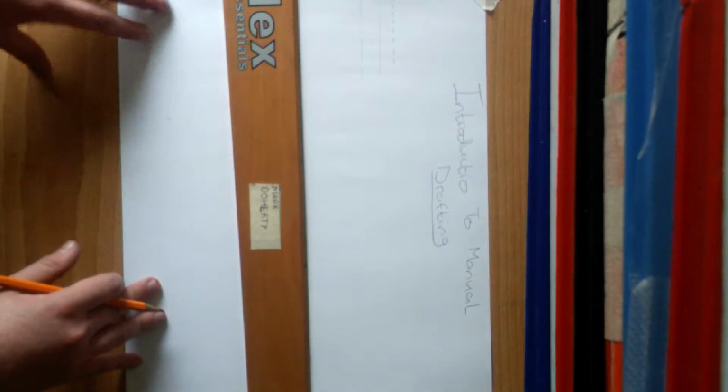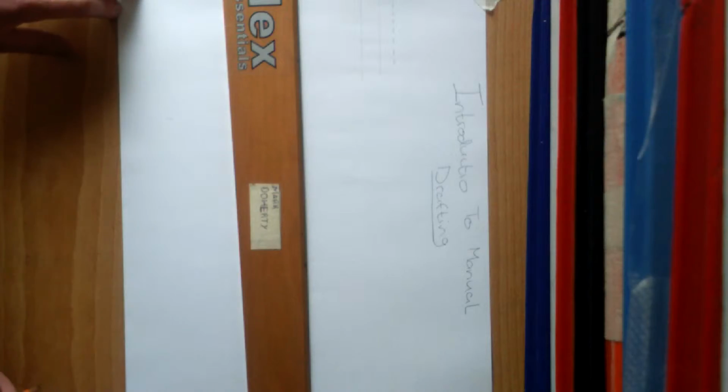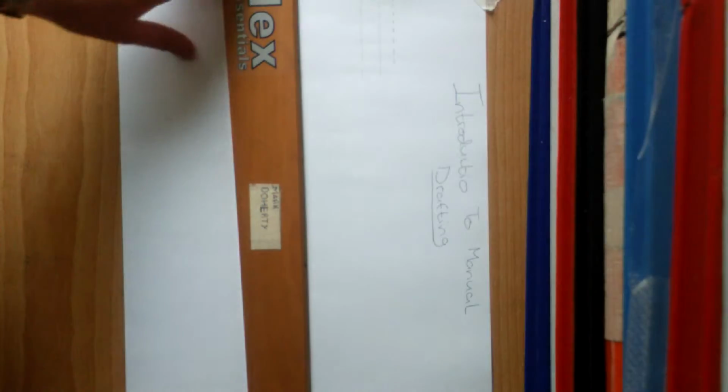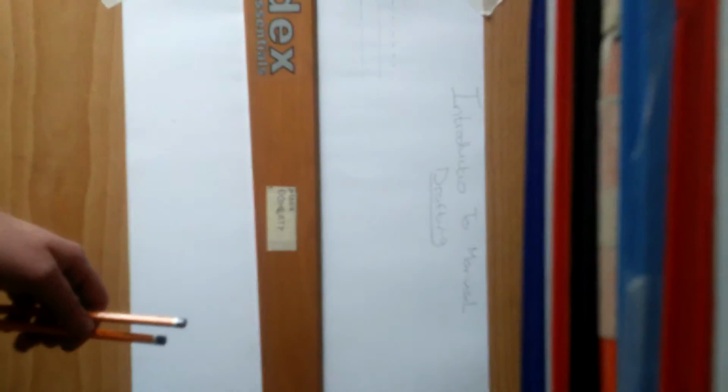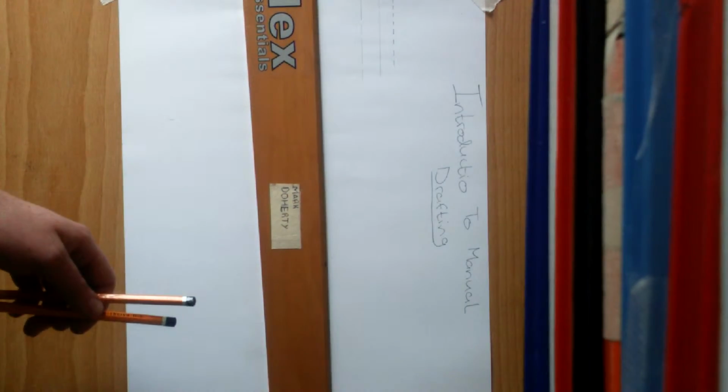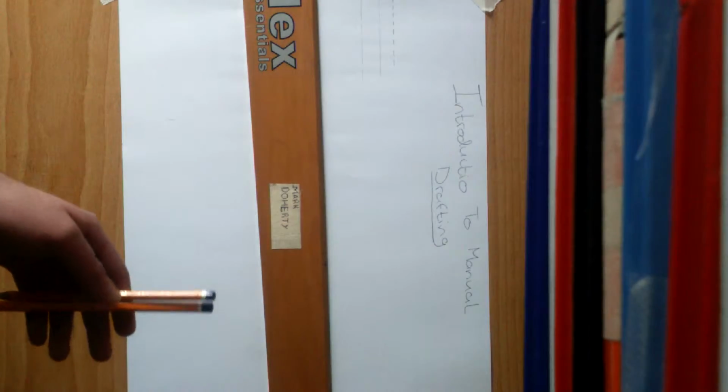So our second part is line weights. Line weights are made by using different types of pencils and different weights of pencils.